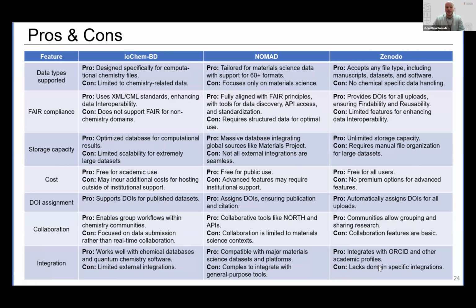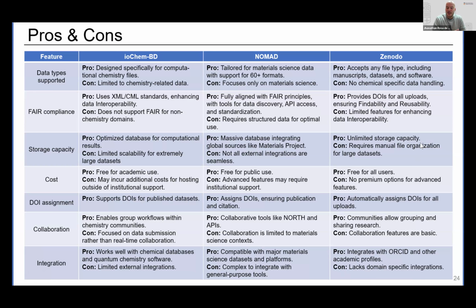Another good characteristic is the storage capacity, where we have unlimited storage capacity on Zenodo. So you can upload as many files as you want, different types of files. And for us, this is important because we have a diverse community that generates different types of data.